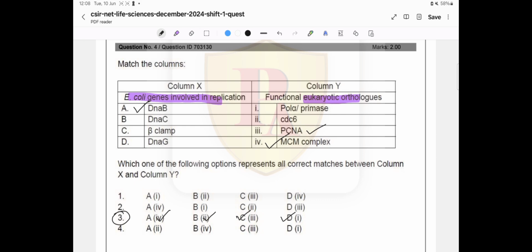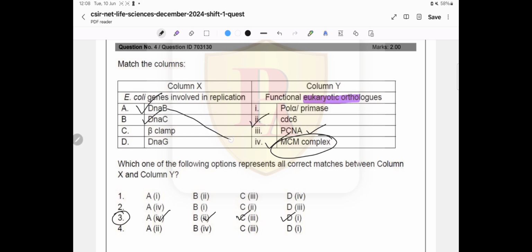So from here DNA B is responsible for the MCM complex, because they both have the helicase activity. DNA C and CDC6 are the loaders, so that is why they are similar in fashion, okay.